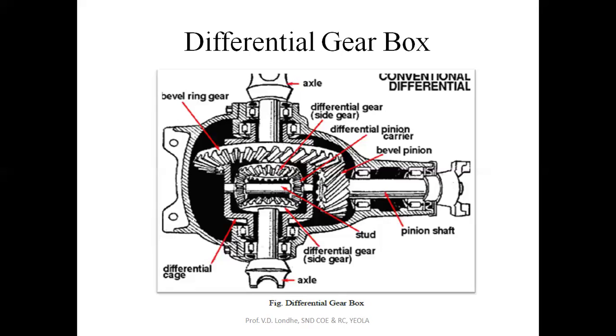For example, if your vehicle is taking a turn towards the left-hand side, what should be the condition to avoid skidding? The left axle wheel should move at less speed as compared to the outer wheel for the left turning position, and similarly for the right turning position, the left wheel should move more than the inner wheel. If this condition is satisfied, then only can we say that our vehicle will not skid.